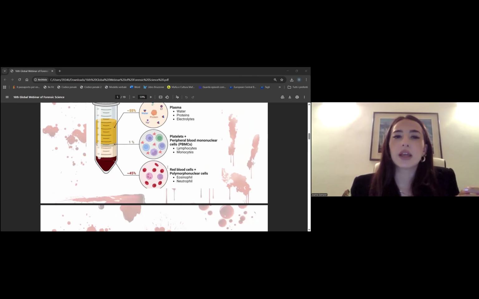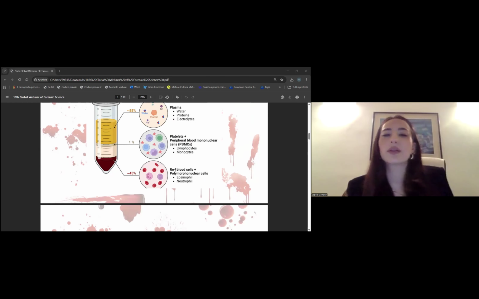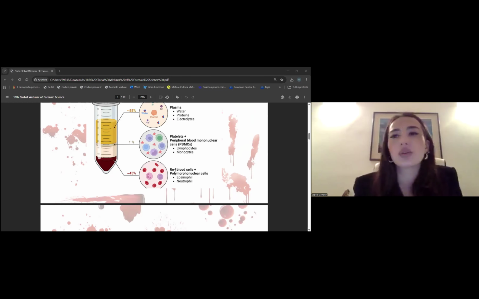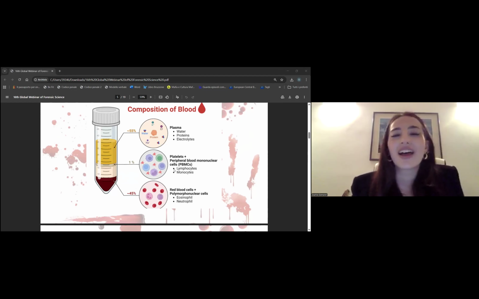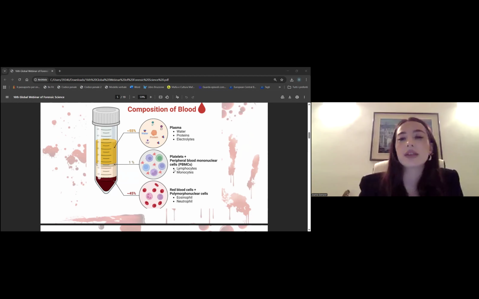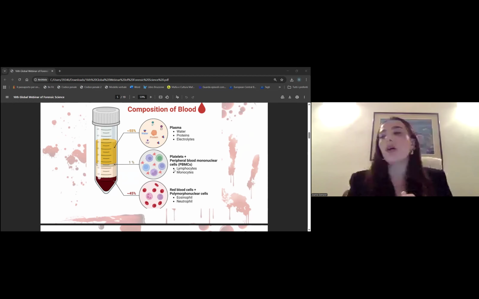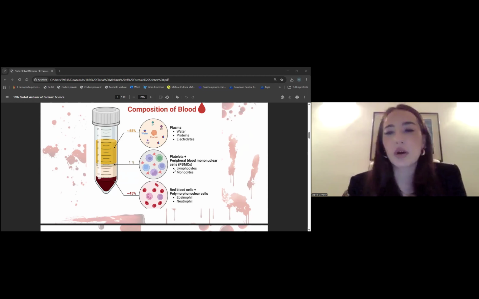Before proceeding, let's look at some characteristics of blood and also how it behaves. Blood is a colloidal fluid, that is, a fluid that has a suspension of solid particles in a liquid, where the solid particles in the case of blood include red blood cells, white blood cells, and platelets, while the liquid part is made up of plasma, which in turn is made up of 90% water.